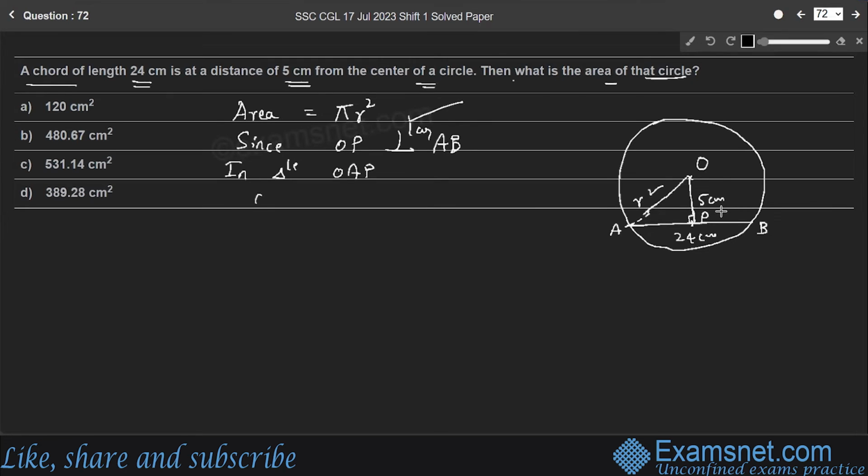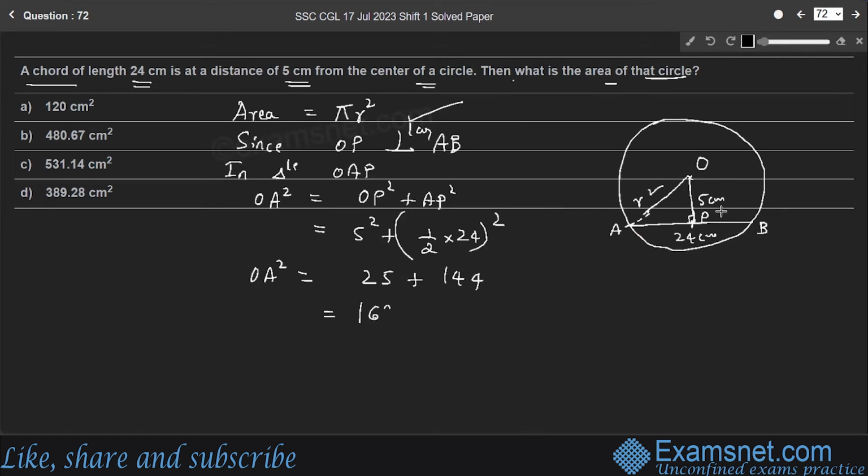Therefore OA square, which is hypotenuse square, is the sum of the squares of the remaining two sides, OP square plus AP square. So OP square is 5 square, which is 25. AP is half of the chord AB. Half of 24 is 12. 12 square is 144. Therefore, OA square is 169.